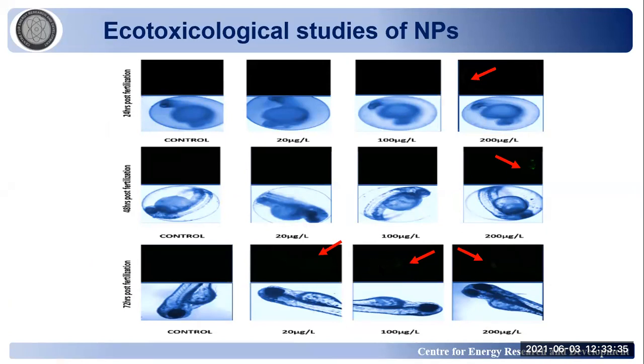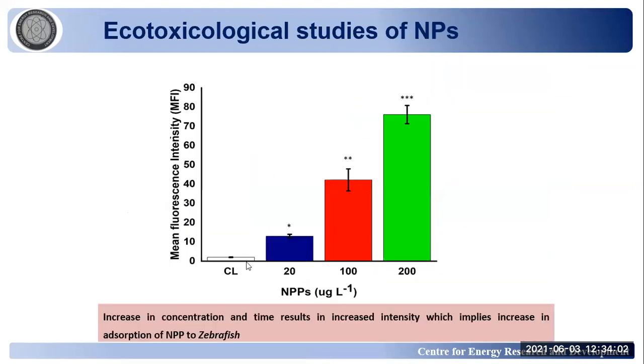And the implication is that when nanoplastic absorbs DDT on the surface and is sticking to the body of the animal, more of the DDT is introduced into the animal than when only DDT is present. And this actually explains the potentiating effect that we initially observed in nanoplastic. Now we quantify it using fluorescence method, and we discovered that with increase in time, of course, there is increase in intensity.